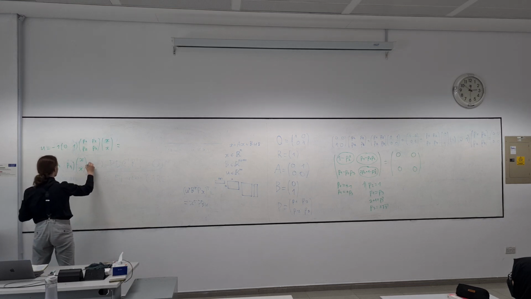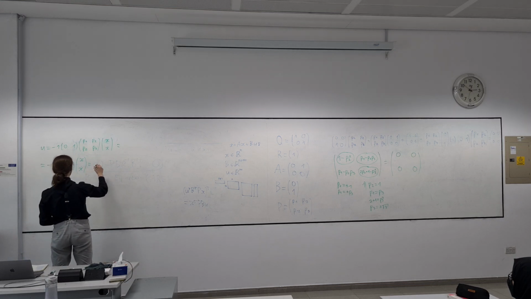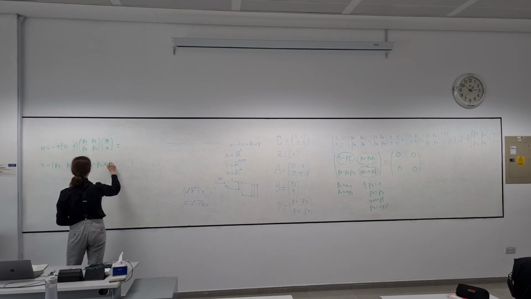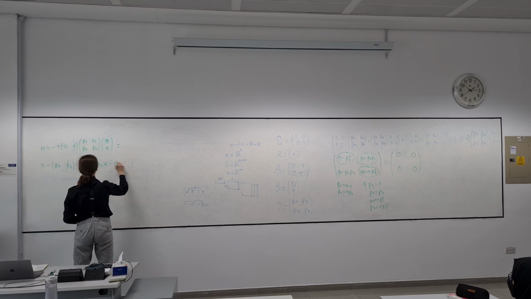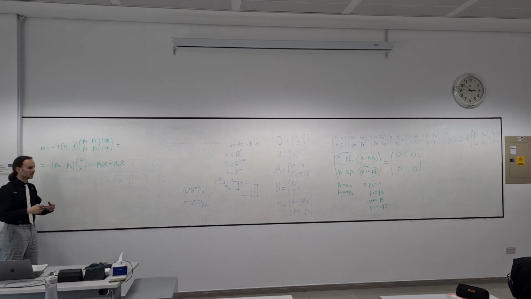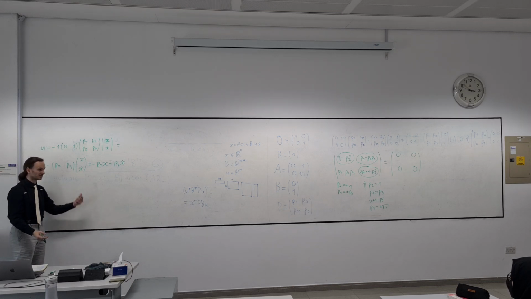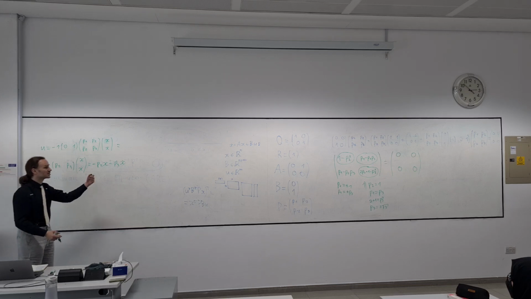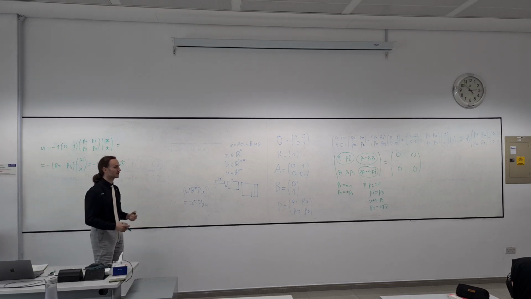And it gives us minus P2 X minus P3 X dot, which is indeed the optimal controller for this cost, expressed in terms of the solution of the algebraic Riccati equation.